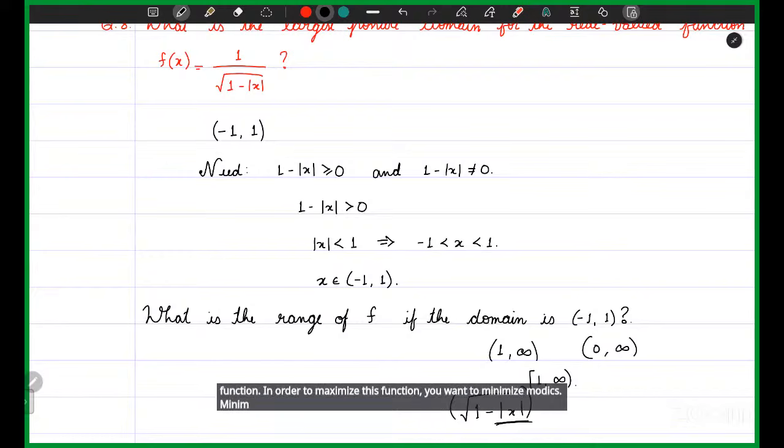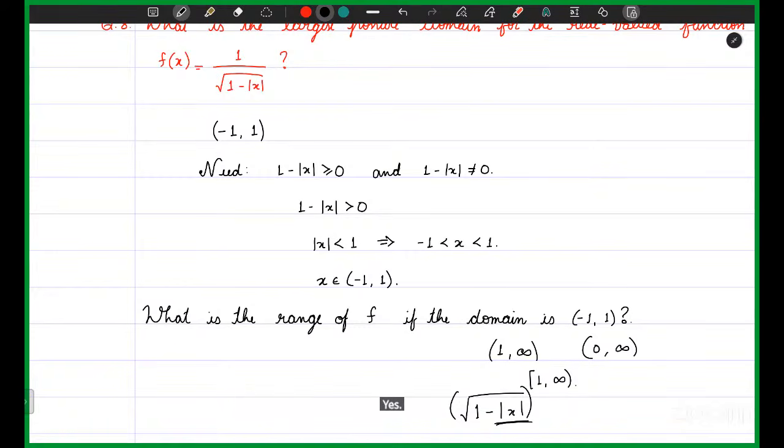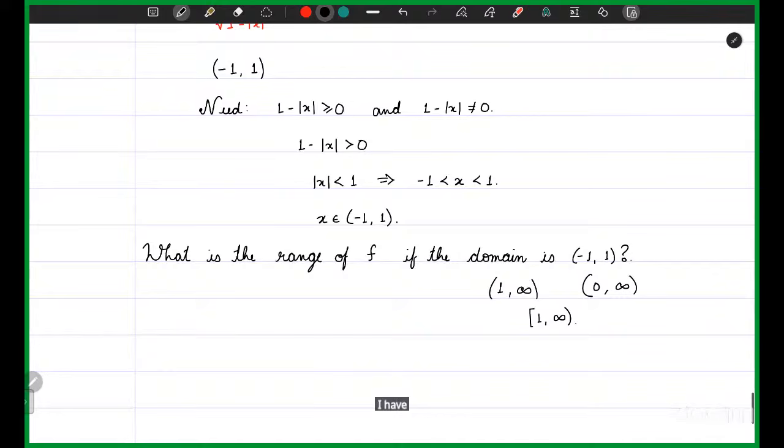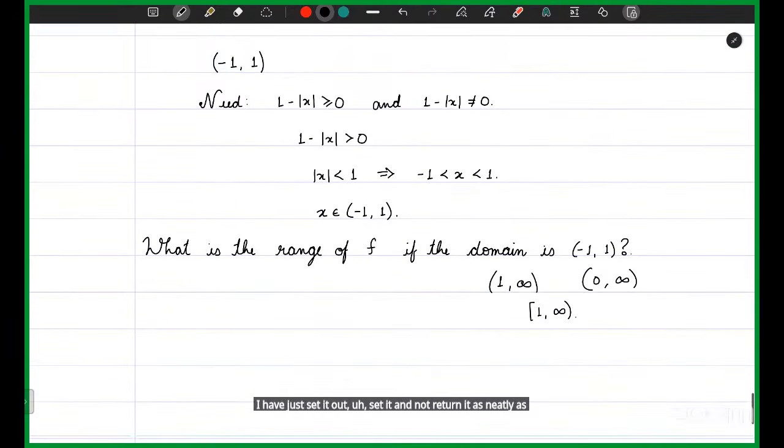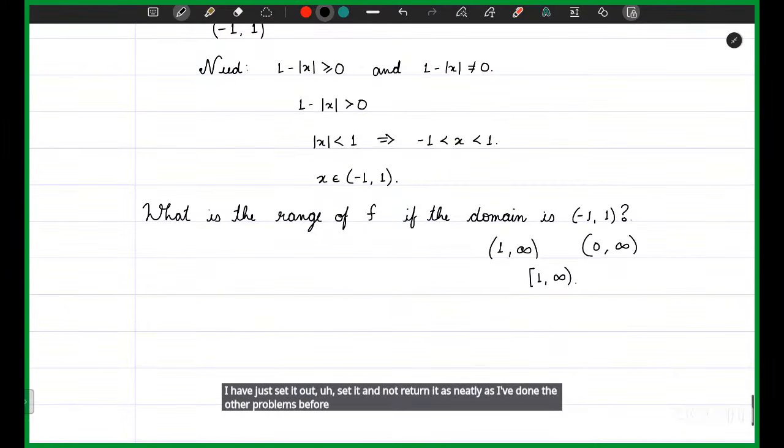Minimizing mod x happens at x equal to 0. And at that point, the function value will be 1. I have just said it out and not written it as neatly as I've done the other problems before. But I hope you are following my argument.